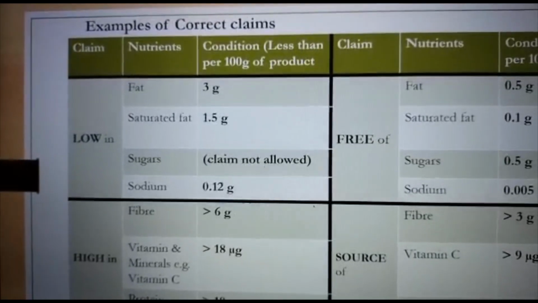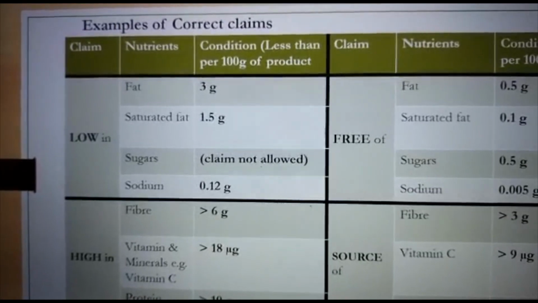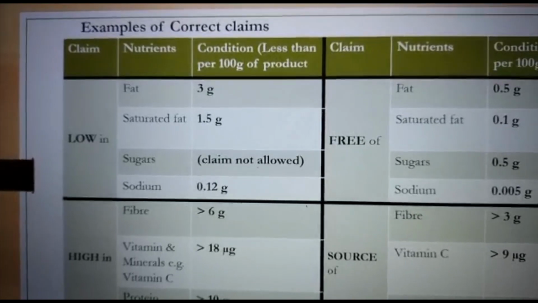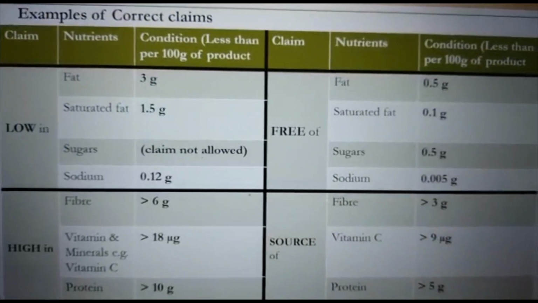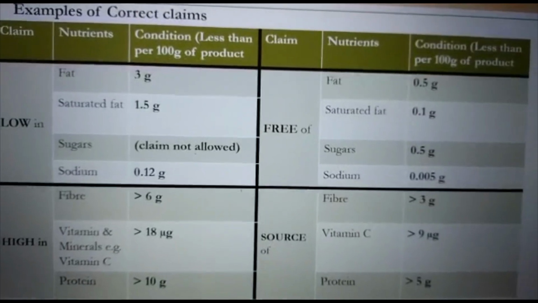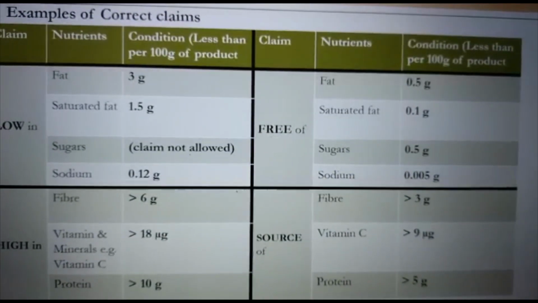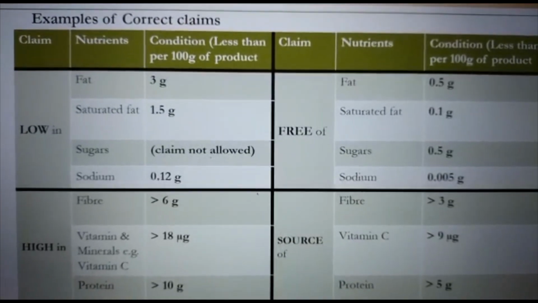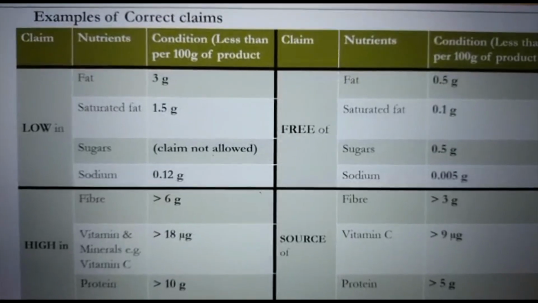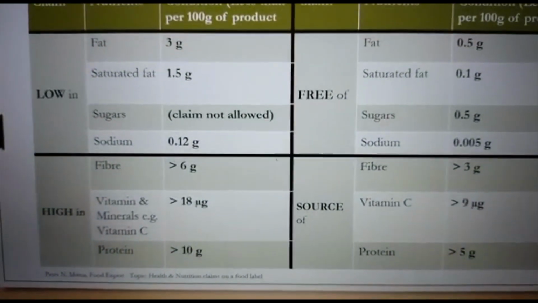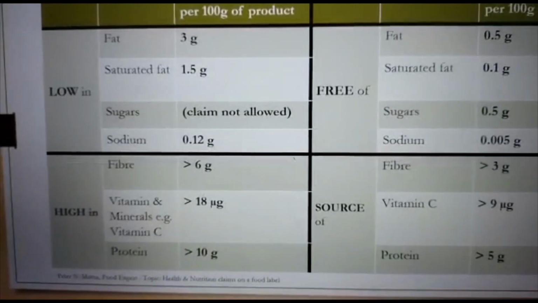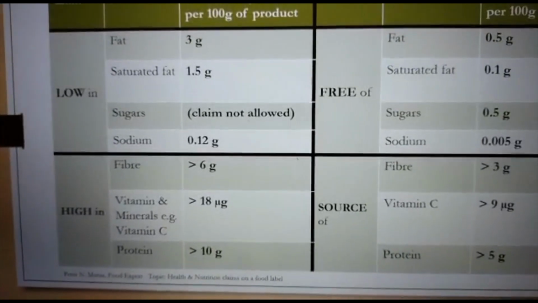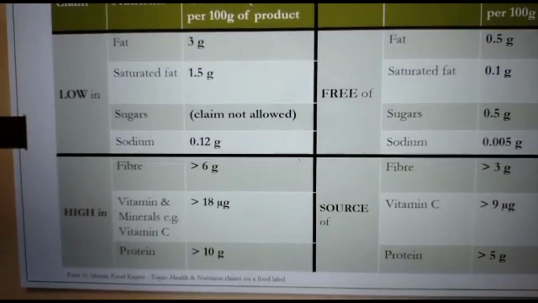If I claim my bread is low in sodium, it means for every 100 gram that I present, 0.2 gram at maximum will be sodium. If I want to claim sodium to be free, it means the sodium content is less than 0.005 grams. This applies to fat, saturated fat, sugar, and sodium. In the case of desirable nutrients, for example, the fiber, the vitamins, proteins, we express in terms of relative contribution to the diet.